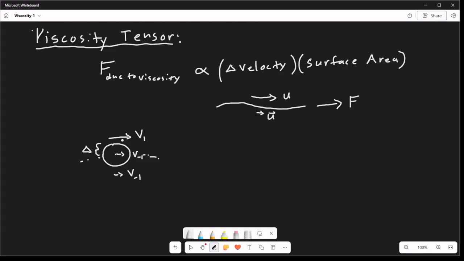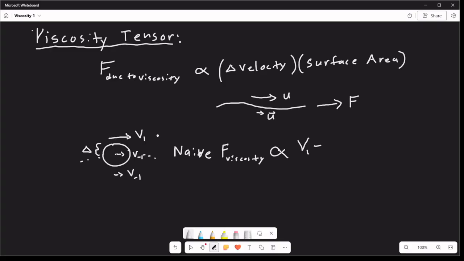So the amount that the blob skin is going to be dragged, the naive assumption for the force of viscosity, would basically be proportional to the degree to which the velocity outside is going faster than the velocity in the blob.